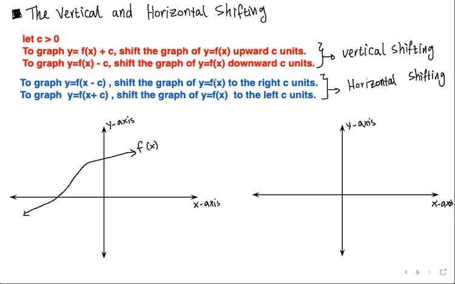So if I add c units to this function, this means I can graph f of x plus c by shifting the original one upward c units. For example, I have to go up c units, 3 units, and here the same thing, c units.